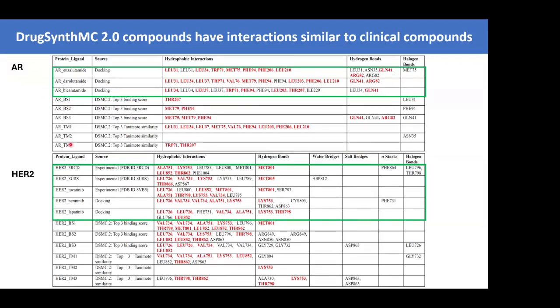And here you have the best compound generated by our algorithm. And in red, you have the sites that are common in the docking between our compound and the clinical compound. And you can see that for some of them, a whole lot of the residues that our compound interact with are the same as the clinical compound.